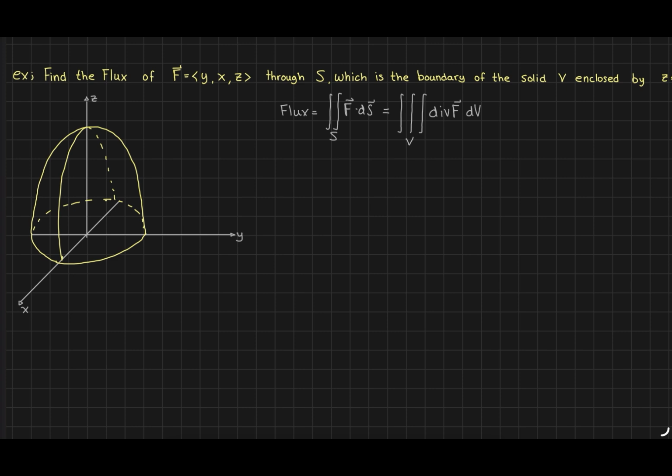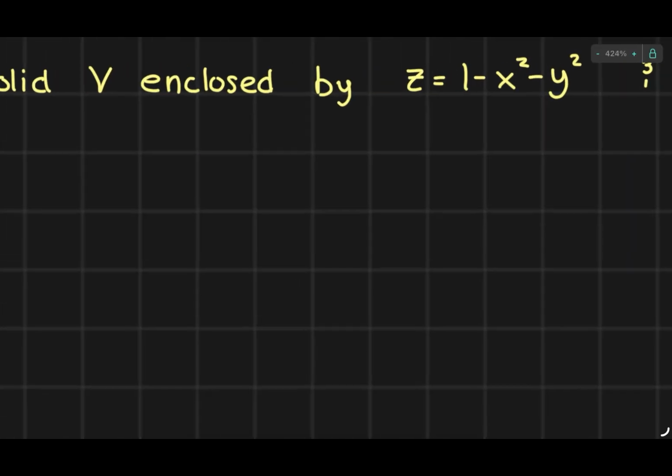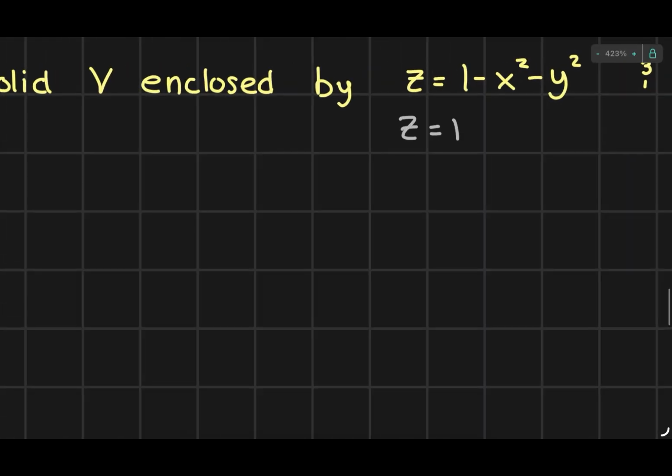Well, from our z is equal to 0 axis all the way up, that function is going to be z is equal to 1 minus x squared minus y squared. And spoiling the math here, this can just be rewritten as z is equal to 1 minus x squared plus y squared. And recall that x squared plus y squared is equal to r squared. So this can just be written as z is equal to 1 minus r squared.